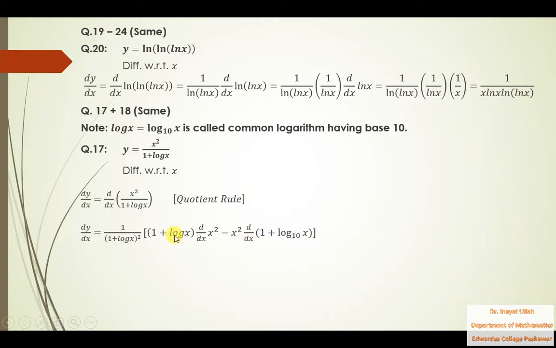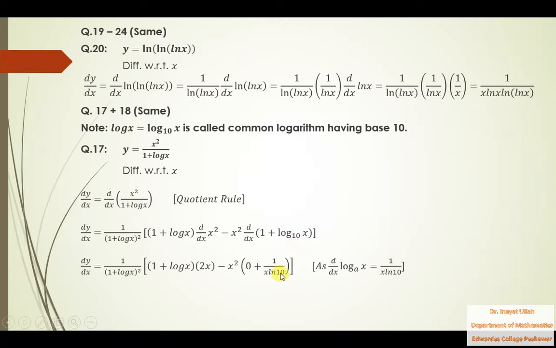Now I write here log to the base 10 instead of log of x in order to find the derivative of this function. In this step, find the derivative of x square, which is 2x, and apply this d/dx inside. Derivative of 1 is 0, and derivative of log to the base 10 of x is 1 by x into natural log of the base 10.